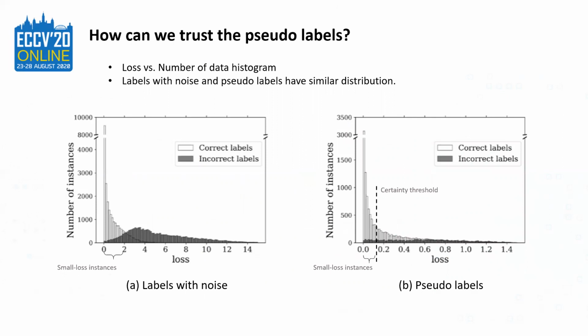The network has trained mainly on the small loss instances, and this is well reflected in the predictions. Therefore, the correct pseudo labels are also clustered on the small loss side. So we define the certainty threshold and select only pseudo labels whose loss values are less than the threshold.